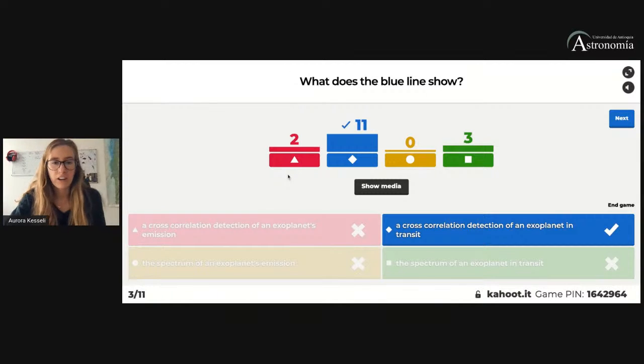Okay, great. So again, most of you got this. We know it's cross correlation and not the spectrum because the x-axis had radial velocity and not wavelength. And we know that this is in transit because the phase that we're covering is right around phase 0. And so that's when the exoplanet is transiting in front of the star.